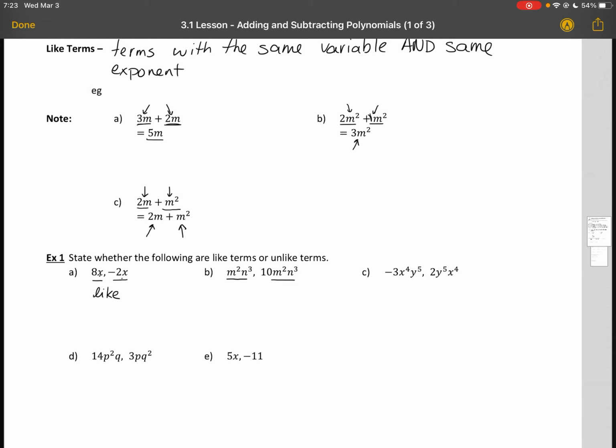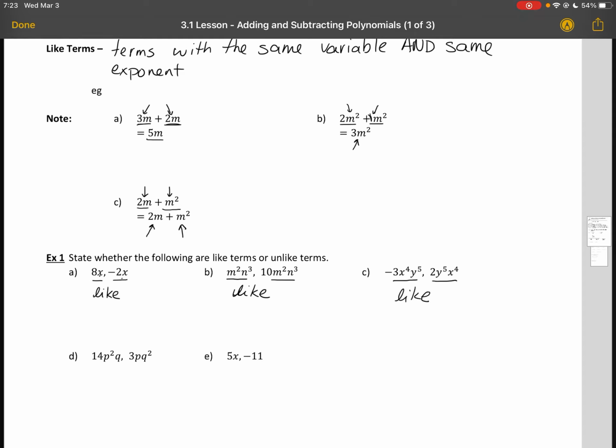The variable is the same and the exponent is the same. So these are also like terms. In my third example, I have x to the 4, y to the 5, and y to the 5, x to the 4. My variables are the same, x and y, and my exponents are the same. So these are also like.